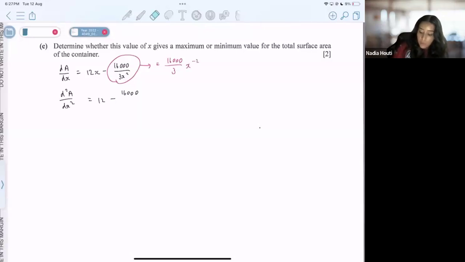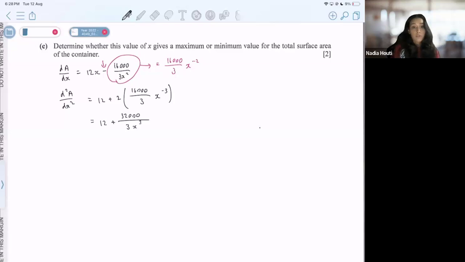Okay, so when you bring the -2 from the power down, you'll get -2 times the already existing negative here. So you'll actually get positive 2 times the 16,000 over 3, and now it's x to the power of -3. Okay, and if you simplify that, it will be 12 plus 2 times 16,000 is 32,000 over 3, and x to the power of -3 is 1 over x cubed.